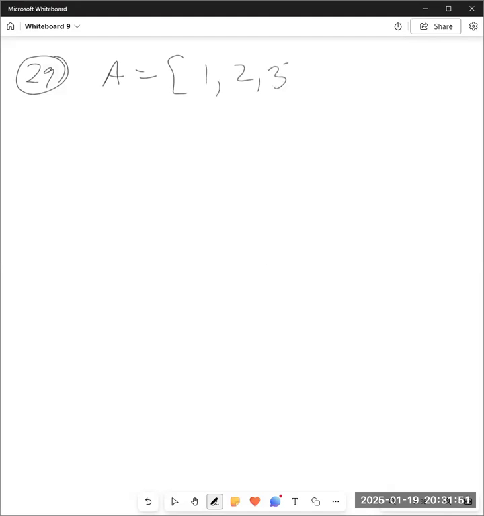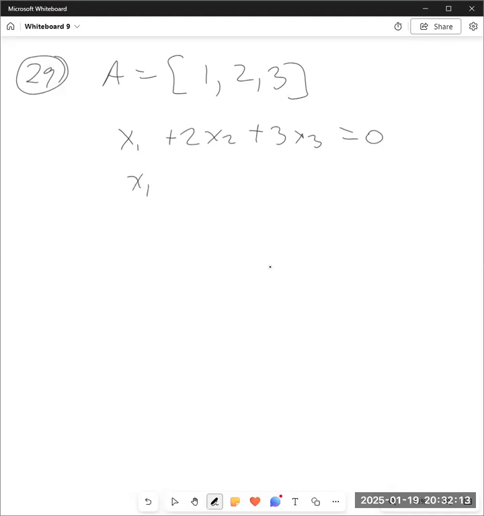It's 1, 2, 3. It's just one row, and I'm interested in the equation x1 plus 2x2 plus 3x3 is equal to 0. And then I'm going to solve for x1 here.